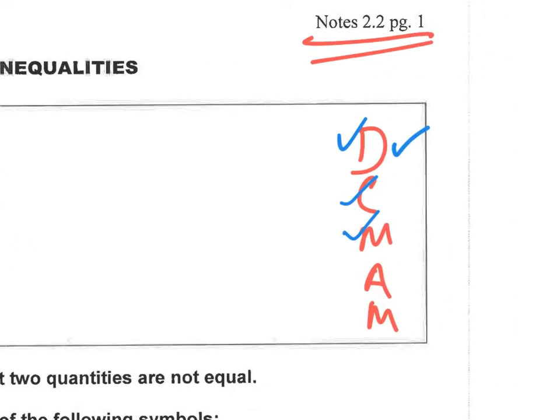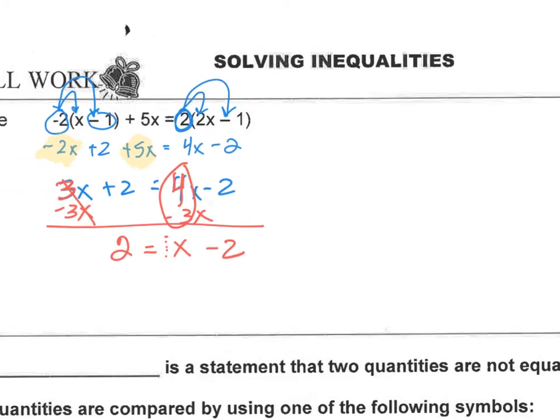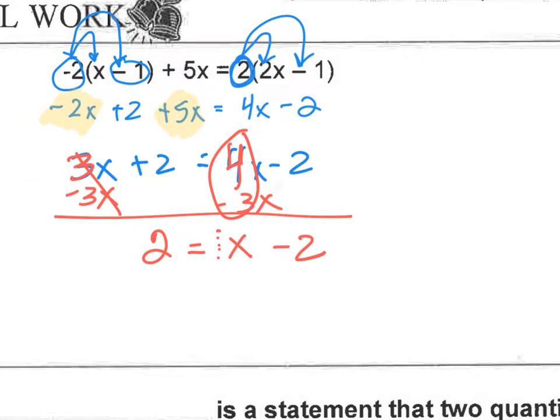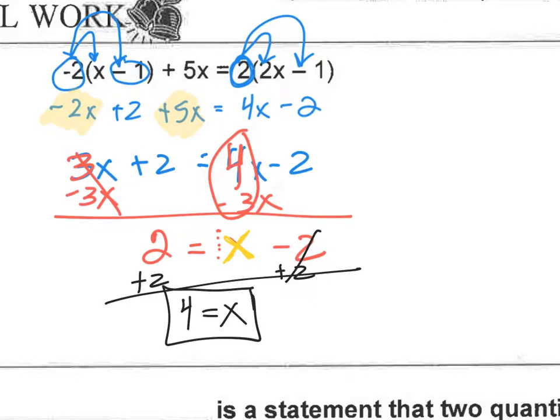So the next thing I need to do is, do I need to add or subtract? Now remember, I'm still trying to get this variable by itself, this one right here. And I can add or subtract, and I'm going to add the 2 to both sides. These cancel out, and I'm left with 4 equals x. So I have a solution of 4 equals x.